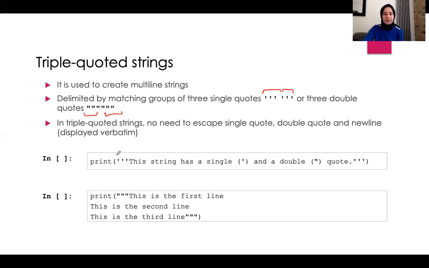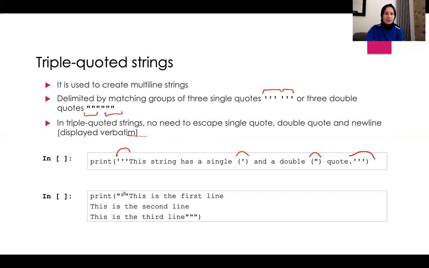So for example, here, guys, we have a string value with triple quotes, and we can use single quotes or double quotes inside this text without the use of an escape character.